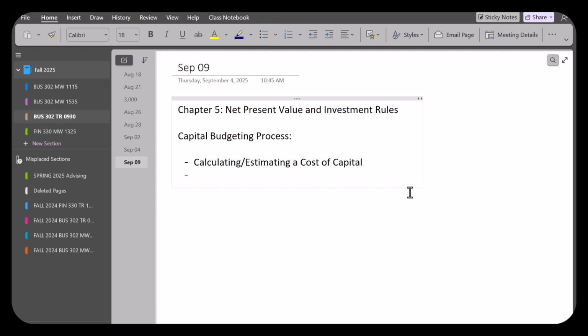The second component is forecasting. A better term is probably projecting.